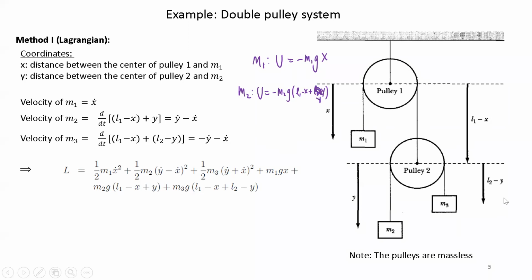The L2 minus y is for M3. So now you can see this whole thing is the total kinetic energy for the three masses, and then this one is the potential energy for M1, this one is the potential energy for M2, and this one is the potential energy for M3.